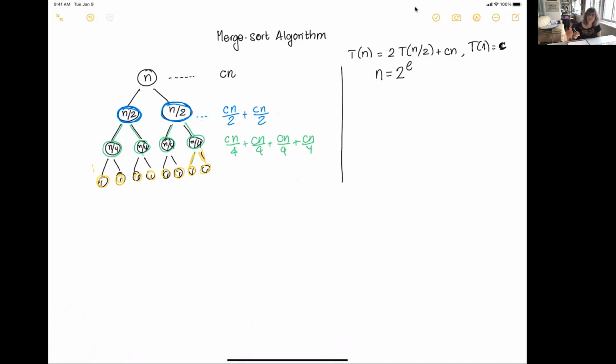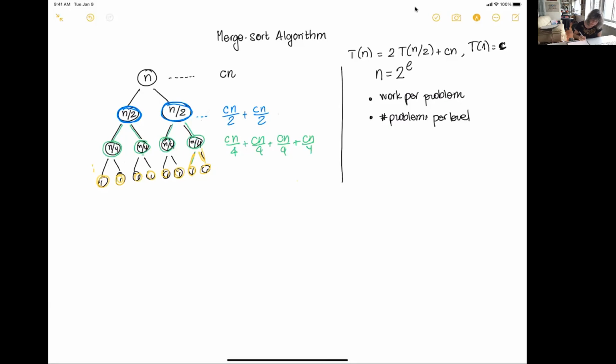At these different levels, we have a work. So we have the notion of work per problem, and we have the notion of number of problems per level.